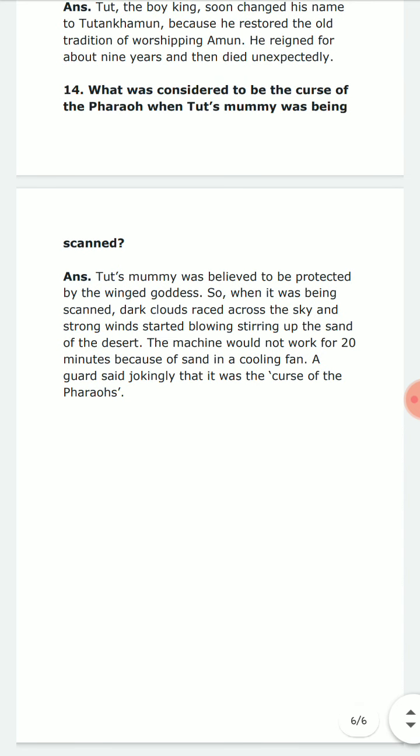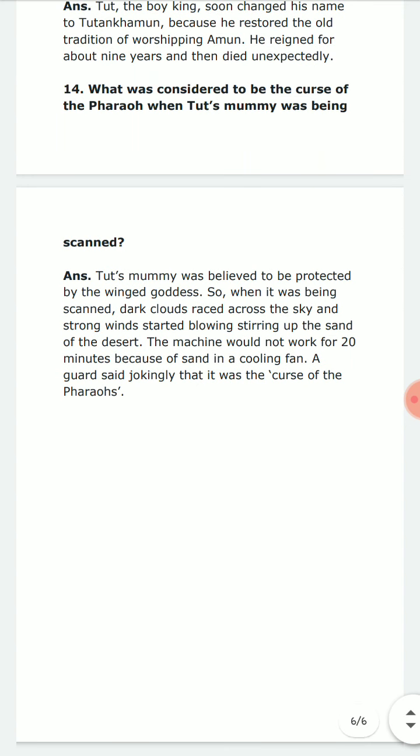These are the changes noticeable when Tut's body was put under the CT scanner in 2005, in order to know more about his life, the mysterious circumstances related to his death, and the age at which he died.